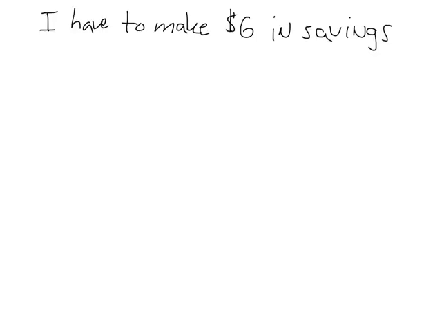So I can say 60 watts times 4 hours per day times, now instead of 7 days in a week, let's just say X days. I don't know how many days.